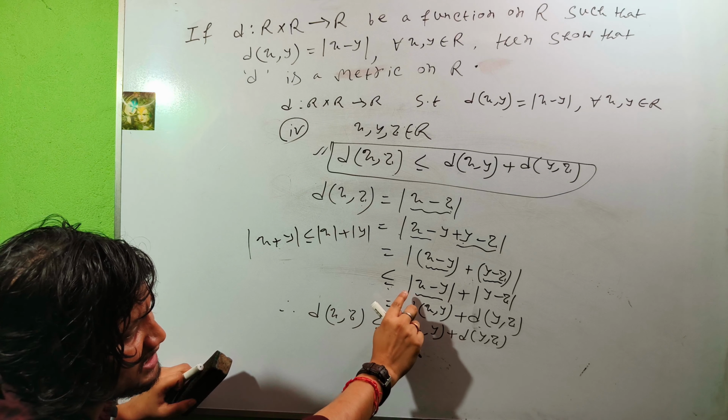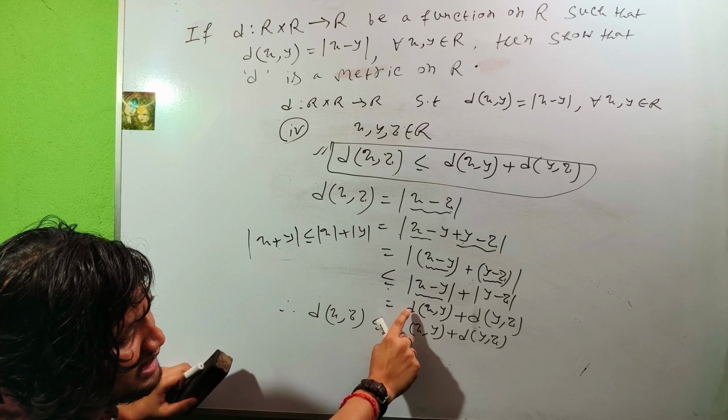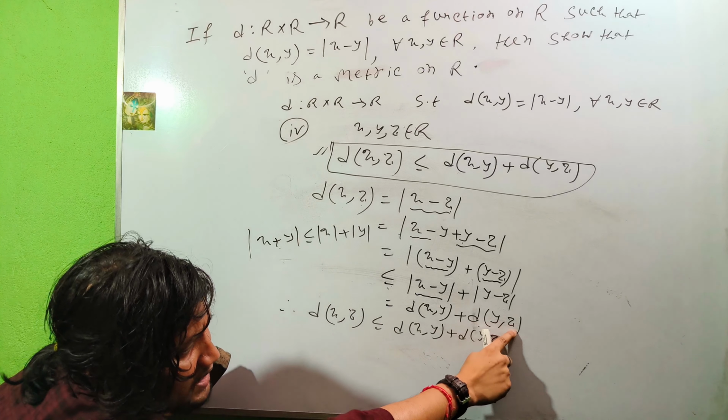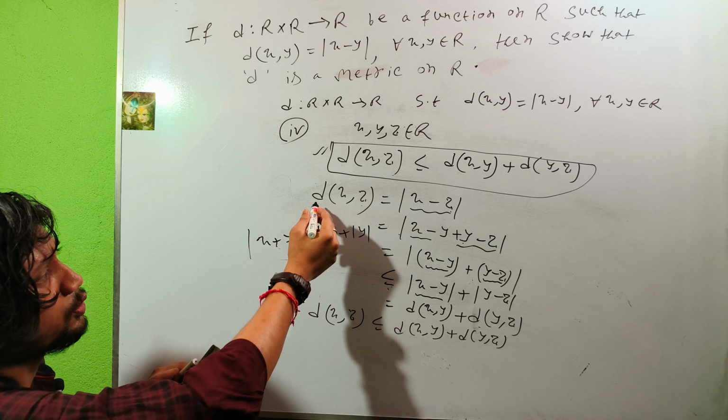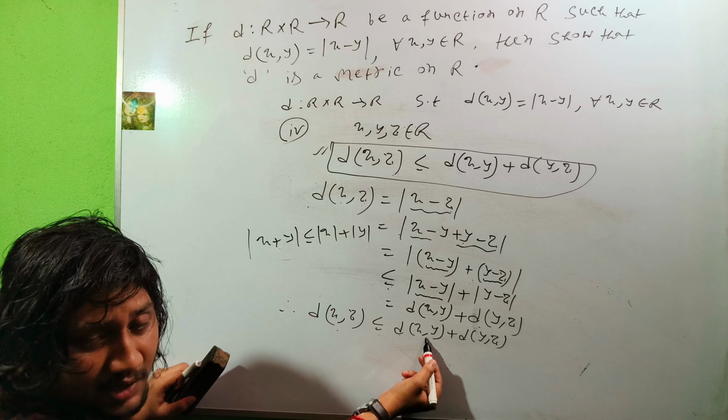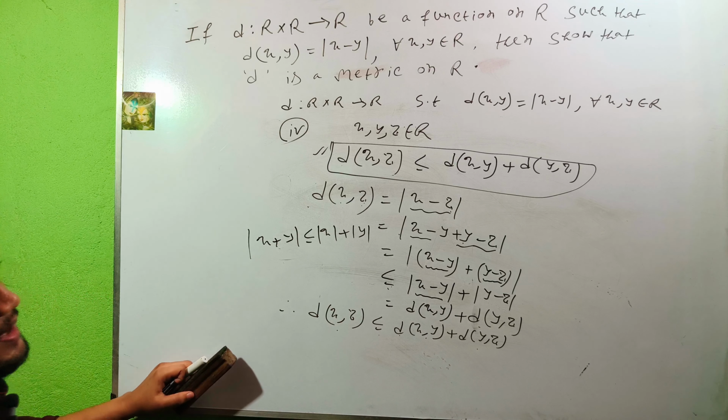So from here we can say that mod of x minus y is equal to d of x comma y, and mod of y minus z is equal to d of y comma z. So altogether d of x comma z is less than or equal to d of x comma y plus d of y comma z.